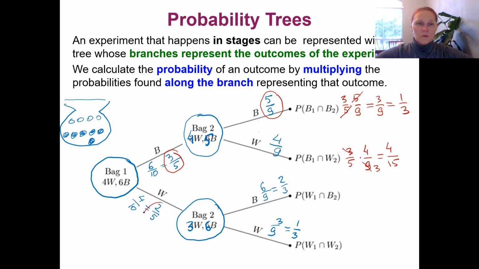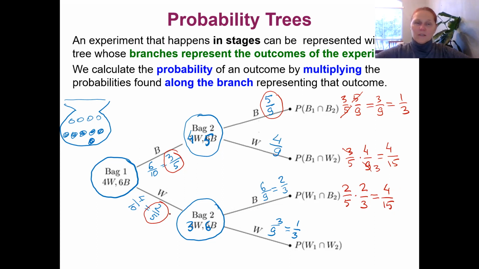The probability along the third branch will be found as a product, 2/5 times 2/3. We have 4 in the numerator and 15 in the denominator, 4/15.